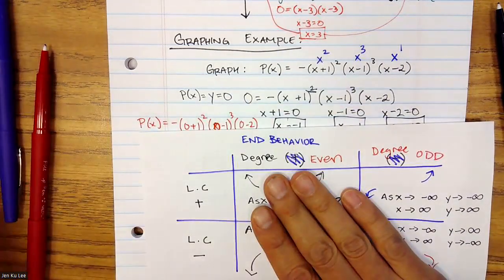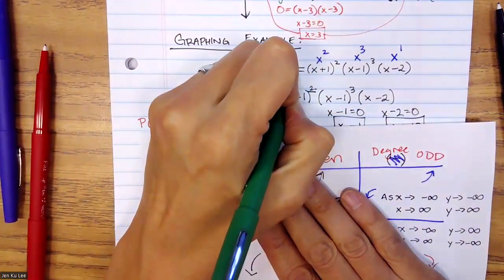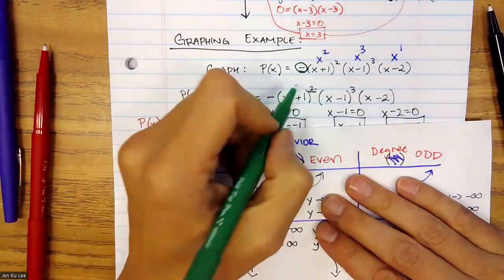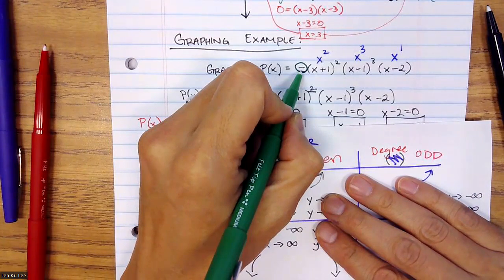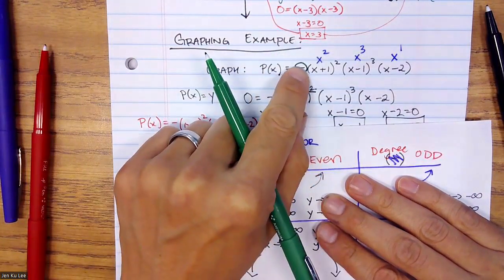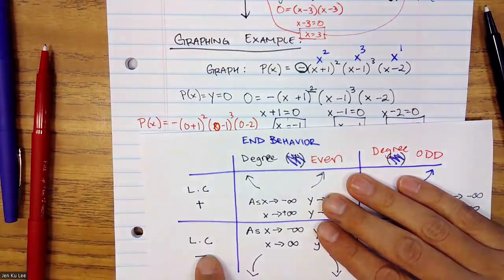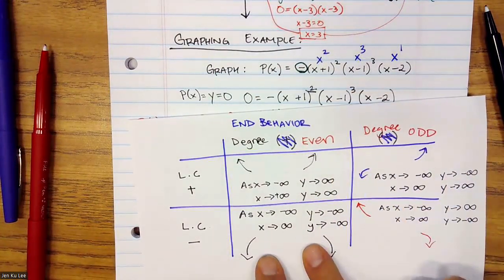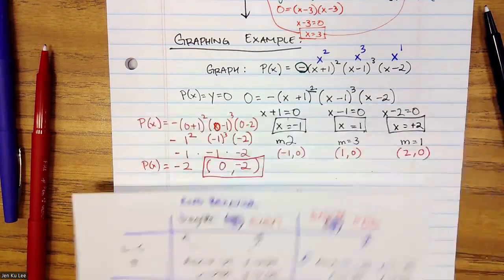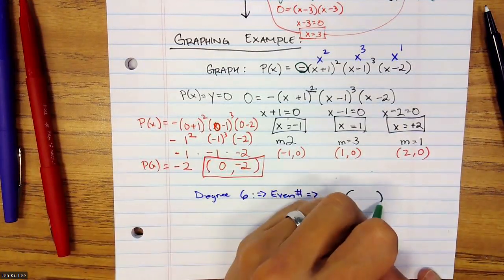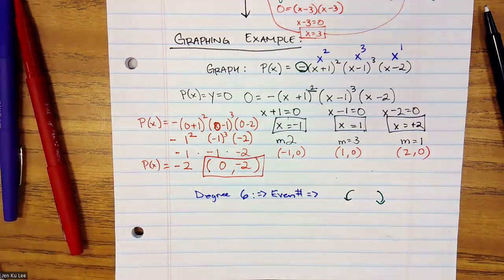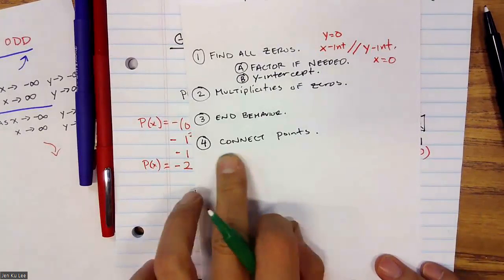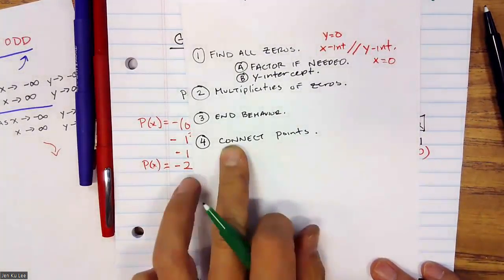Since this guy here has a negative value right there, it's negative. If it wasn't there, it would be positive. Okay, so my leading coefficient is negative. I have an even degree, so my end behavior is this guy. So it's down and down. Okay, so let's write that out, down and down. And then the fourth point is to connect all of this information.